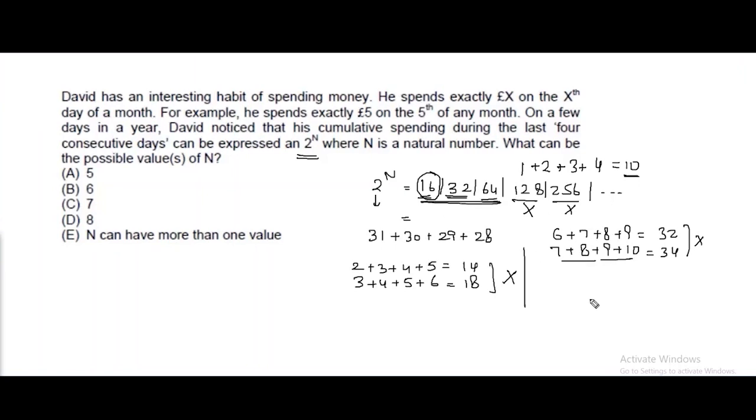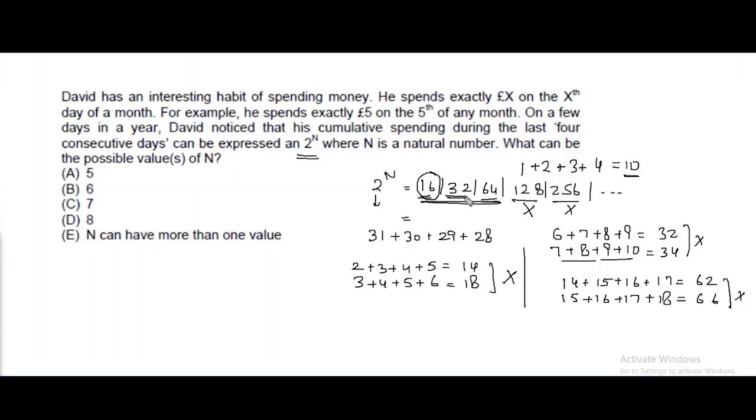If I take 64, the average is 16. So let's say 15, 16, 17, and 18. So 16.5 is the average. 16.5 into 4 comes out to be 66. If I take the lesser value, then this answer will be 62. So again, it seems this is also not possible.